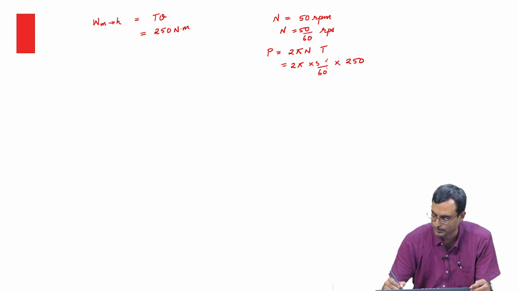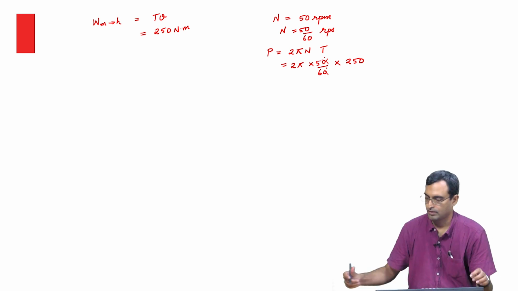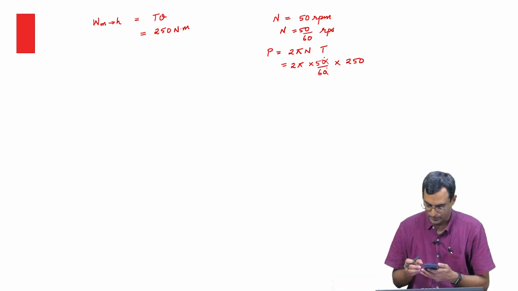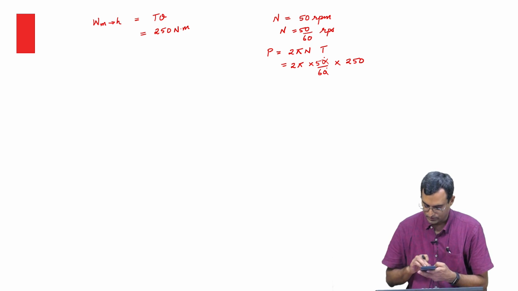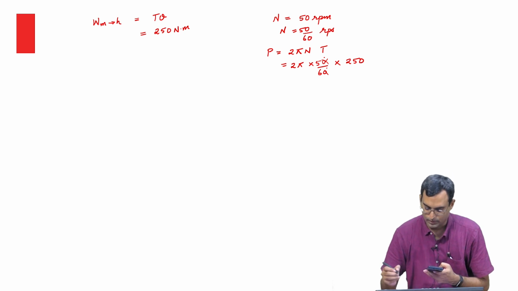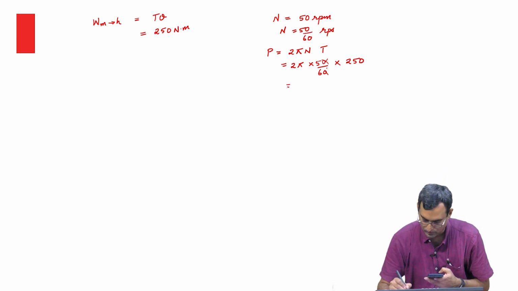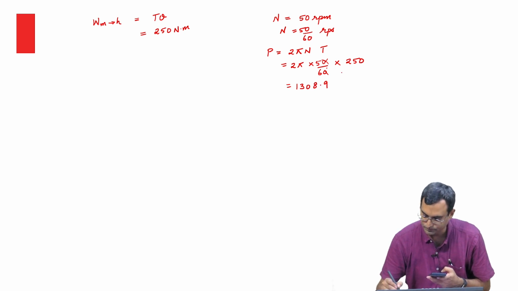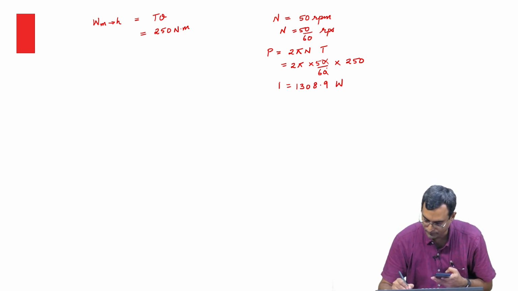I can cancel out a 0. So, I am going to use my calculator. So, that is 2 into 3.1415 into 5 by 6 into 250, which is 1308.9 watts.